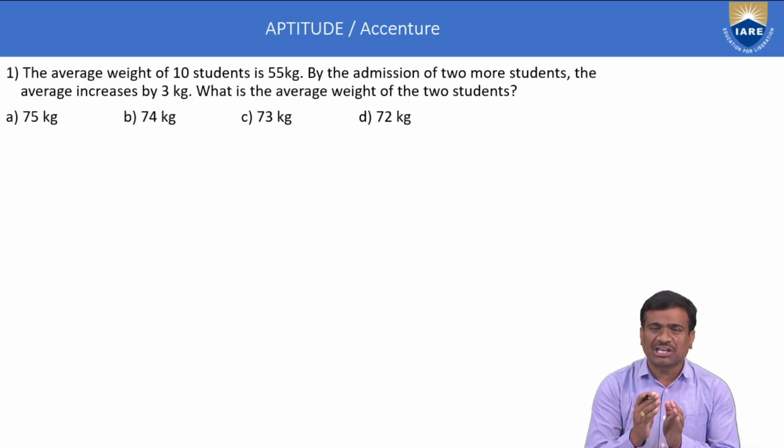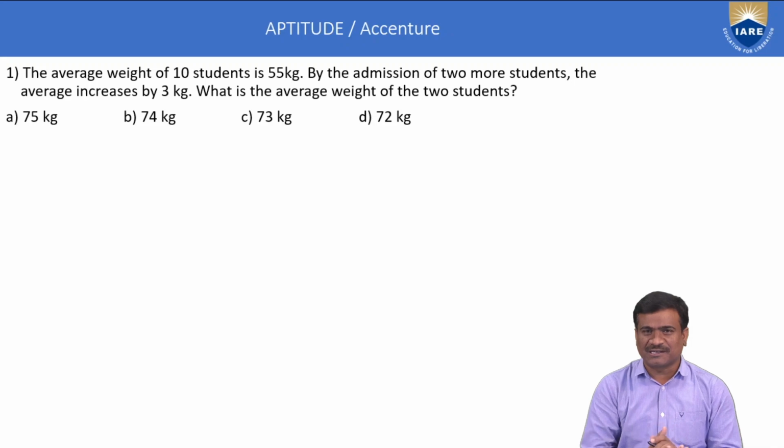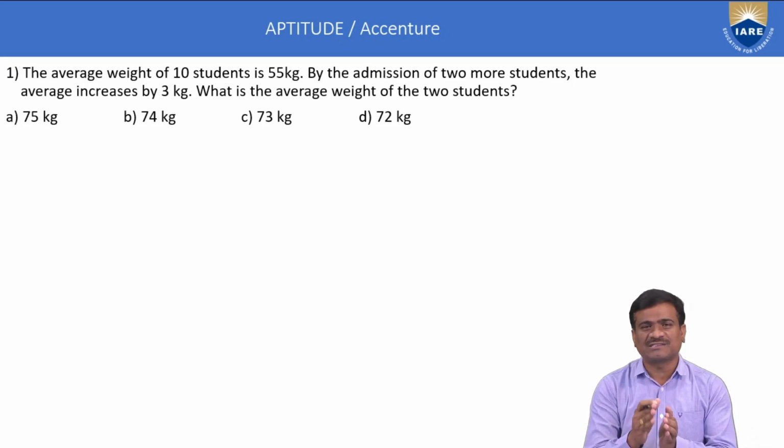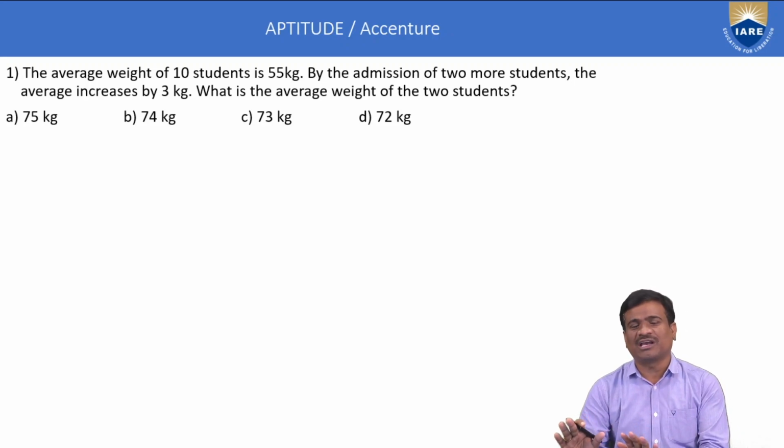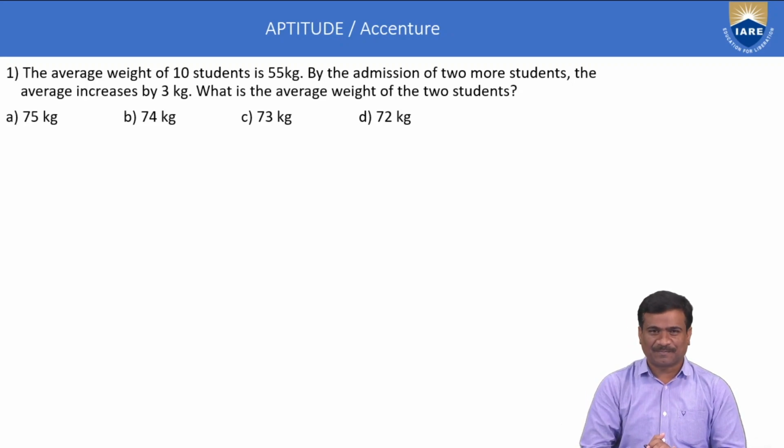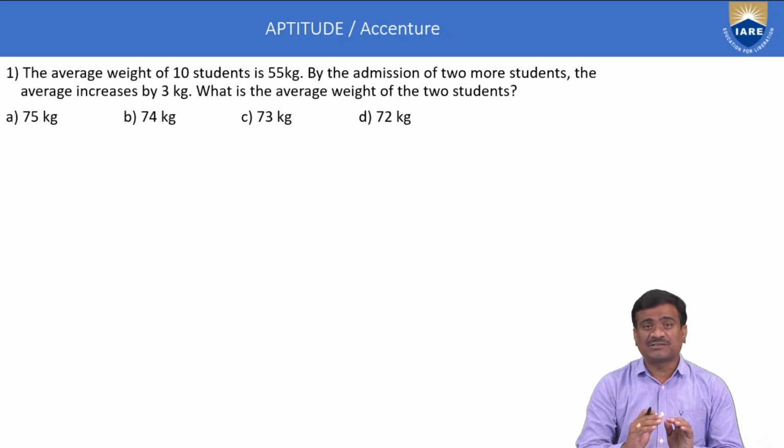Especially important to Accenture test pattern in abstract reasoning: data interpretation, and statements, conclusions and assumptions. If you prepare these topics perfectly, then only the Accenture pattern is completed, Section 2 and Section 3. Next, general verbal ability or general English.